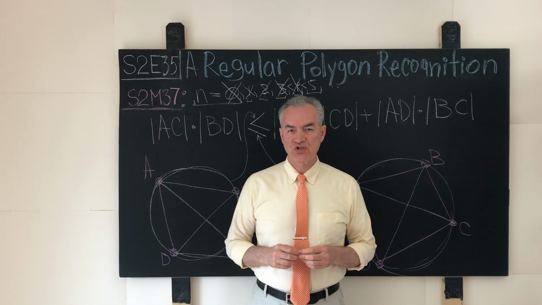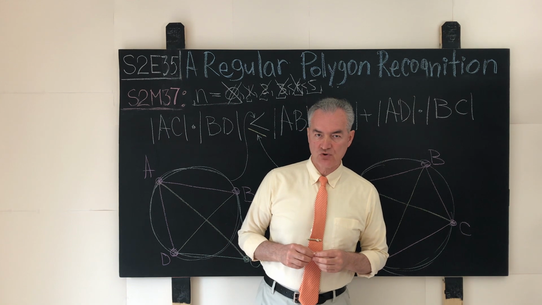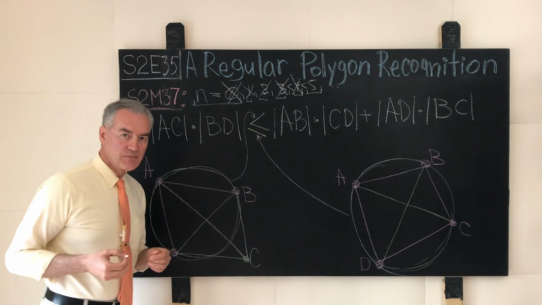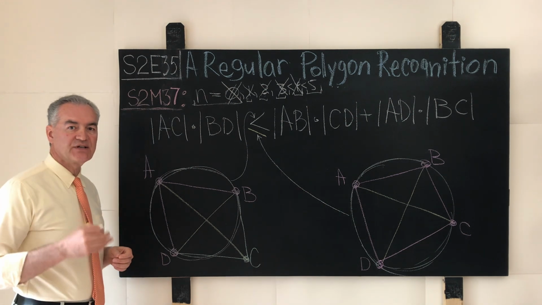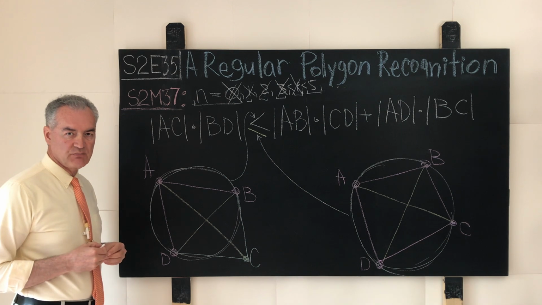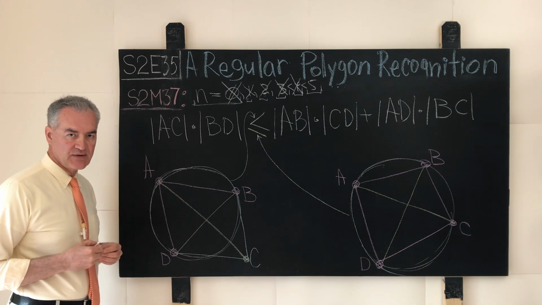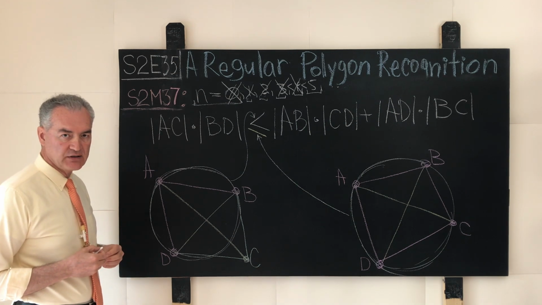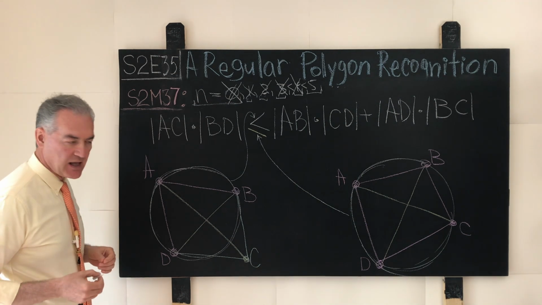In order to establish the common ground for the upcoming solution of the mathematical problem S2M37, recall that the so-called Ptolemy's inequality establishes a particular relationship between the 6 distances across any 4 points that are located in one and the same ambient plane.